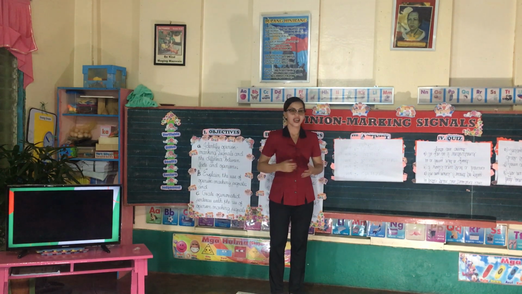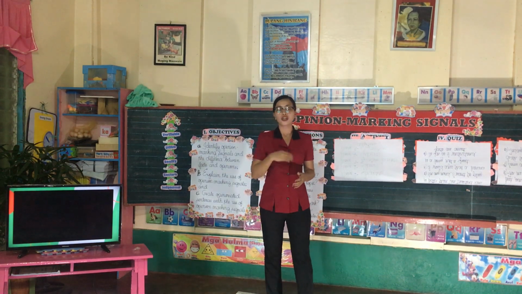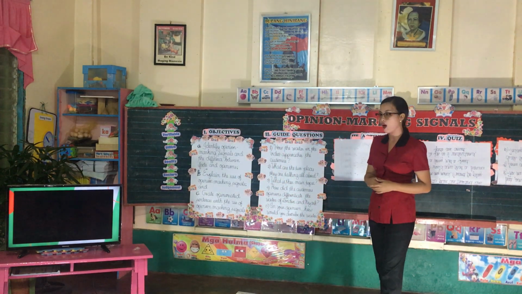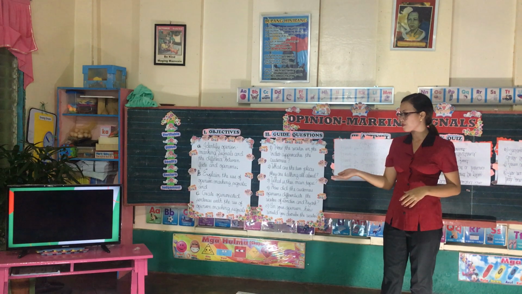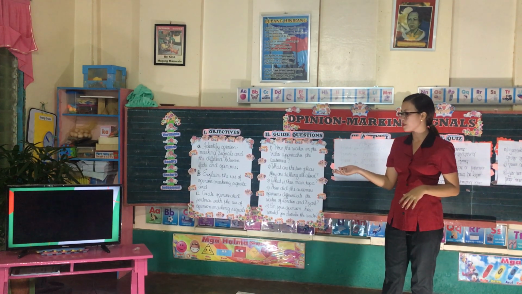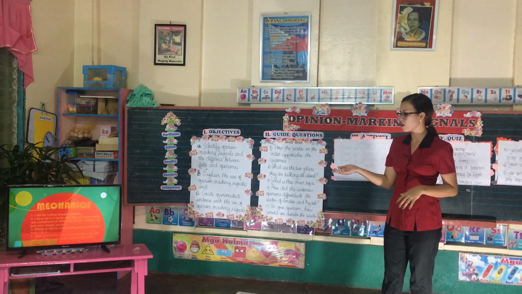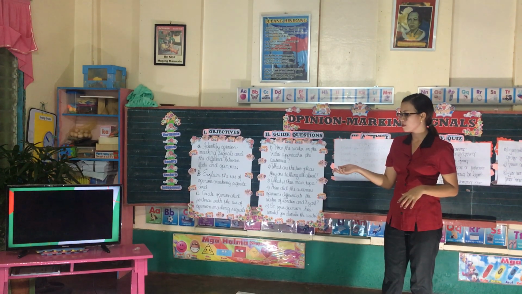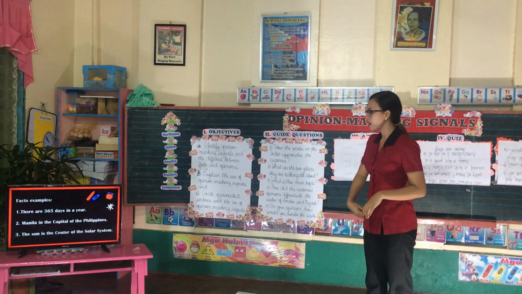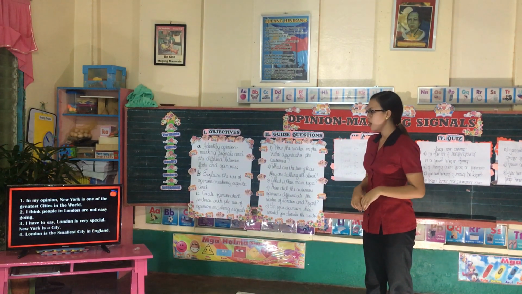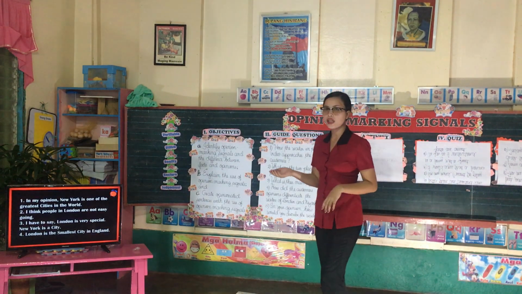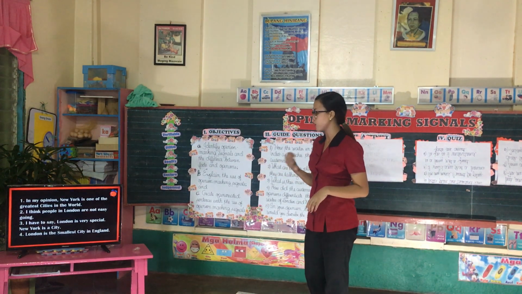Fantastic. So class, I have here 5 sentences which are parts and related to the video that you watched a while ago. Number 1, in my opinion, New York is one of the greatest cities in the world.